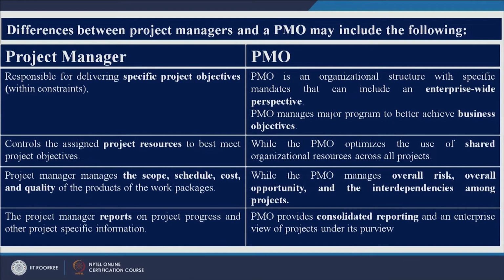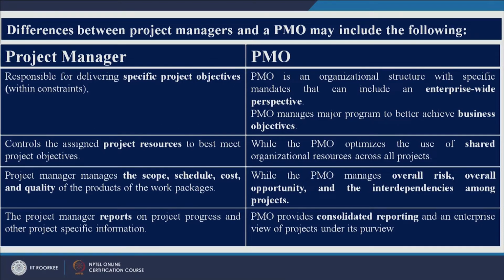On the other hand, the PMO has to look at the enterprise-wide perspective. He should not focus on one individual project. He is responsible for all the projects in the PMO. So the PMO manages major programs to better achieve business objectives. The objectives are entirely different for these two people.